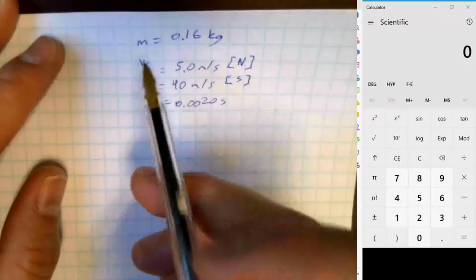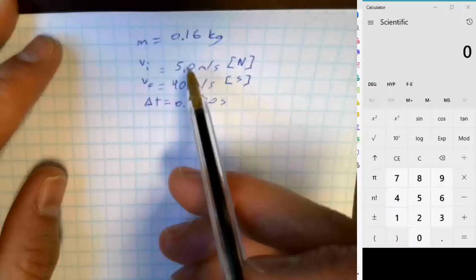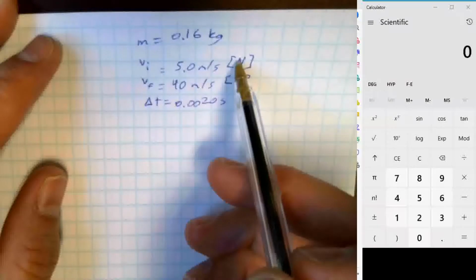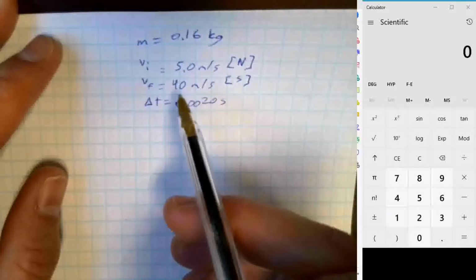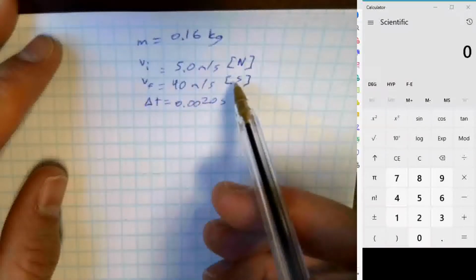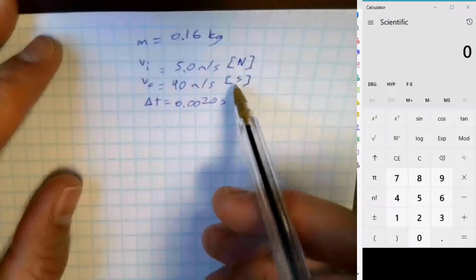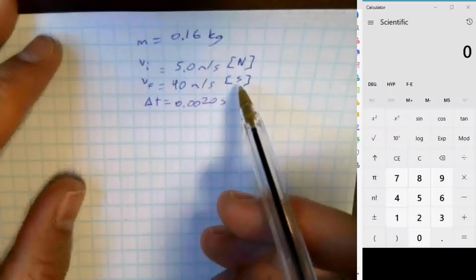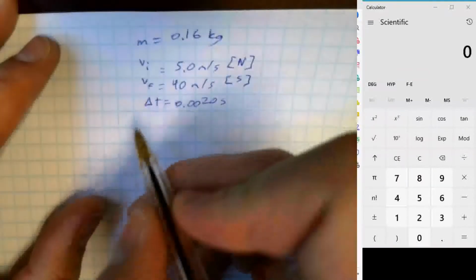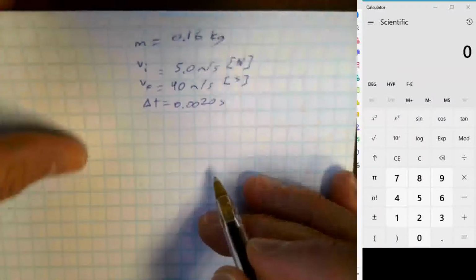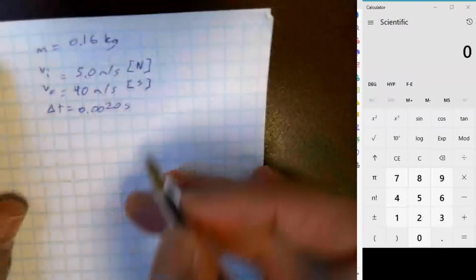One thing to note, our initial velocity is 5.0 meters per second north. Our final velocity is 40 meters per second south. So we have to keep in mind that this one's in the north direction, this is in the south direction when we're doing this calculation, and we'll have to be consistent when we're doing our math here.